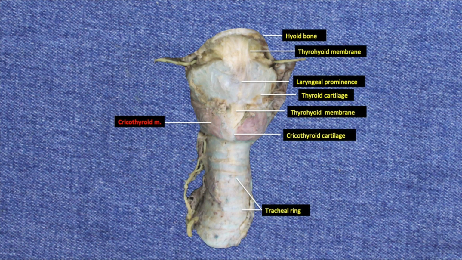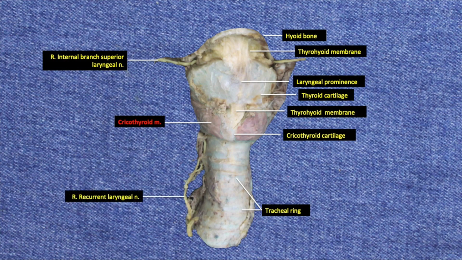Looking at another isolated larynx from the front, we again label all the prominent structures on the right-hand side of the image you should be able to recognize. Now identify the right internal branch of the superior laryngeal nerve entering the thyroid membrane, and the right recurrent laryngeal nerve approaching the larynx from below.